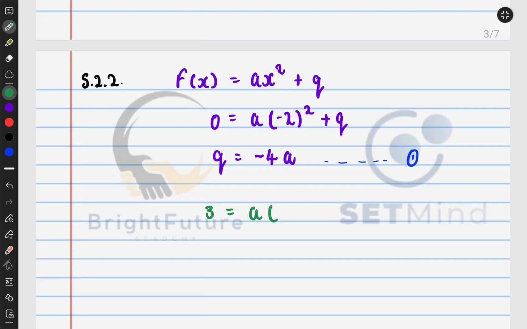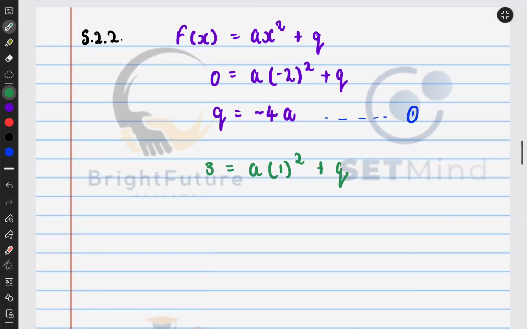a into the x coordinate 1 squared plus q. Here we're gonna have 1 squared, which is just 1. So we're gonna have a plus q is equal to 3. So we can make a the subject here.